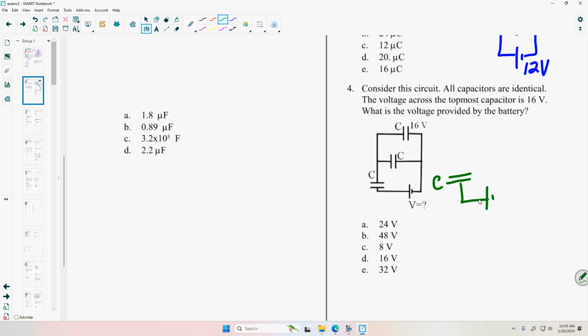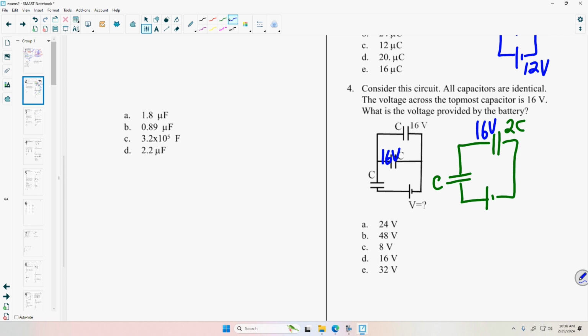So this is a capacitance C, and this is a capacitance 2C, right? Because when they're in parallel, I just add them up. And I also know that the voltage across this equivalent capacitor is equal to 16, because that was the voltage across this capacitor and across this capacitor. Both of those had 16 volts.